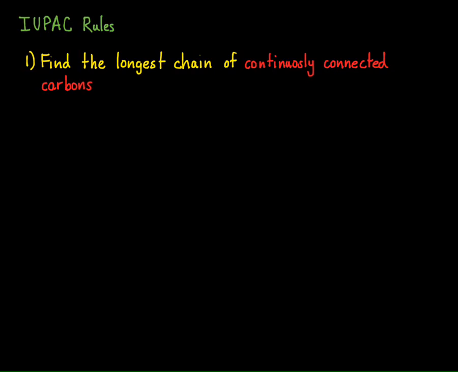So this is very important to recognize. All the carbons have to continuously be connected. When you find that longest chain, you find out how many carbons there are, and you use the root word as the base name, right? So if there are 6 carbons, you're going to use hexane as the base name. If there are 8, you're going to use octane, and so on.